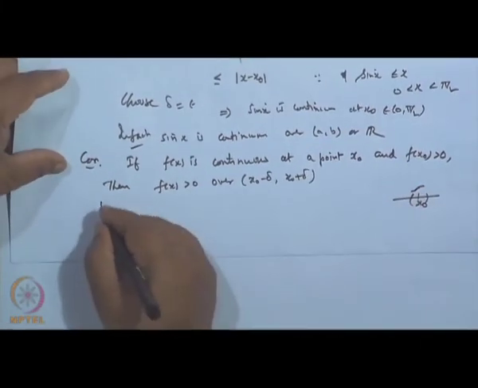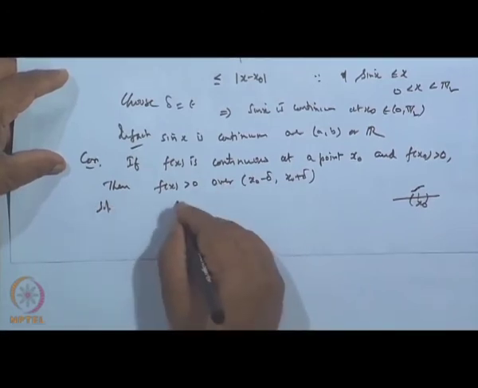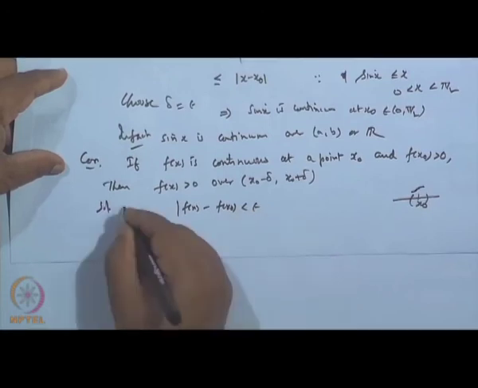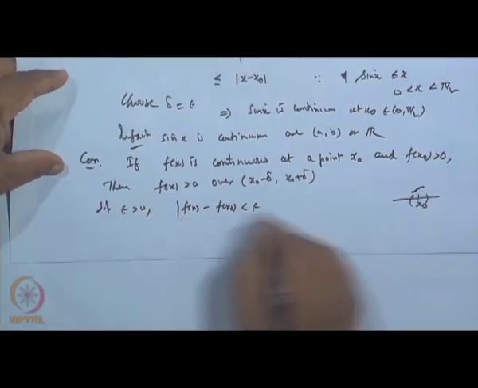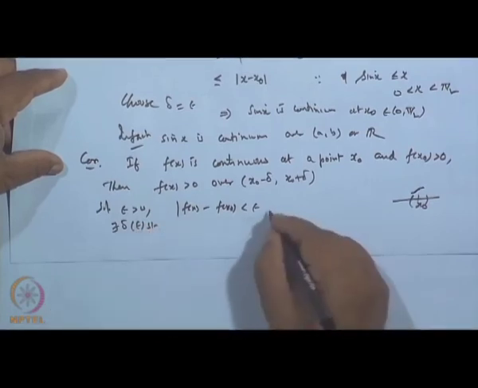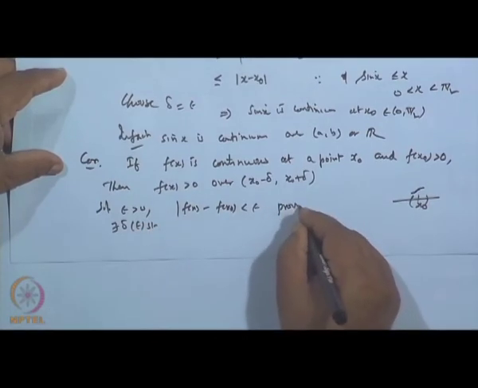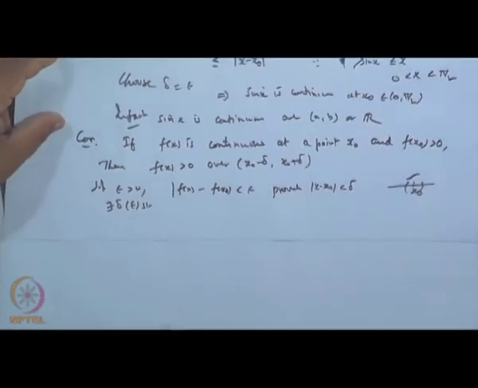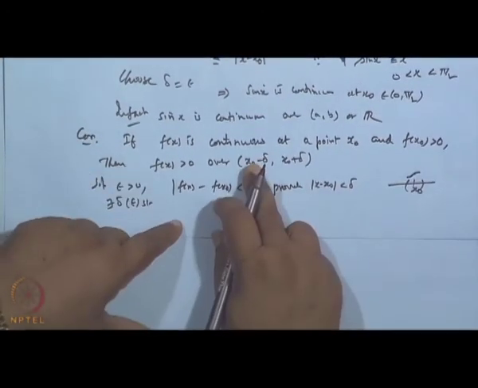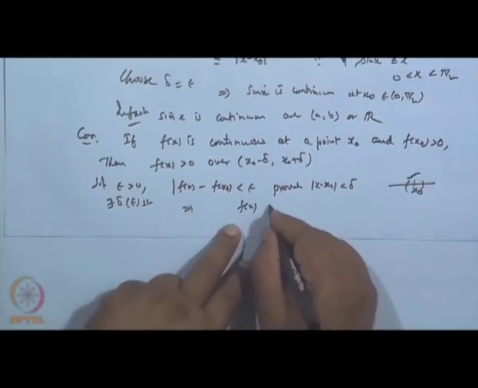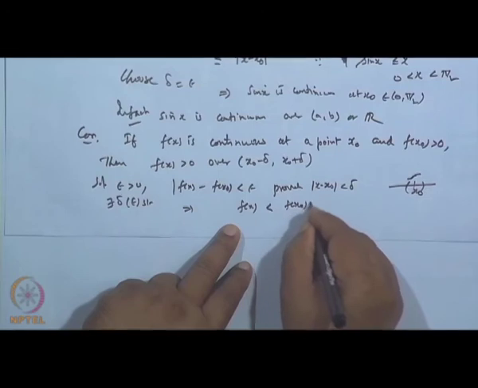The reason is because it is continuous. So, this condition is satisfied for a given epsilon greater than 0. There exists a delta depending on epsilon such that this is true provided mod of x minus x naught is less than delta. So, when x lies between this, this shows f(x) is lying between f(x naught) minus epsilon and f(x naught) plus epsilon.